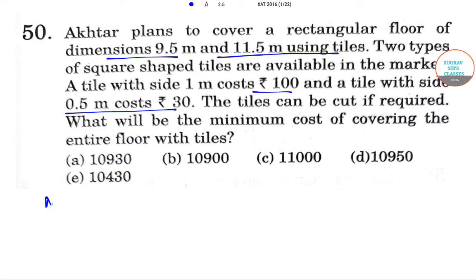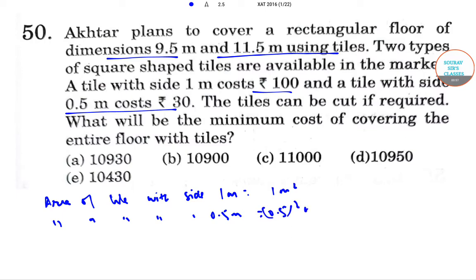Now, area of tile with side 1 meter is equal to 1 meter squared, and area of tile with side 0.5 meter is 0.5 squared meter squared, that is 0.25 meter squared.